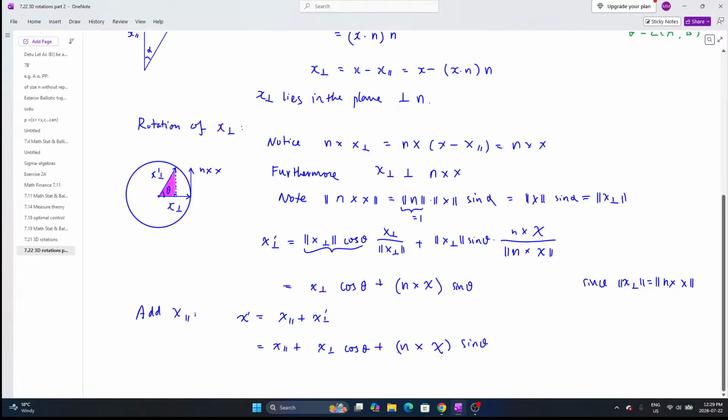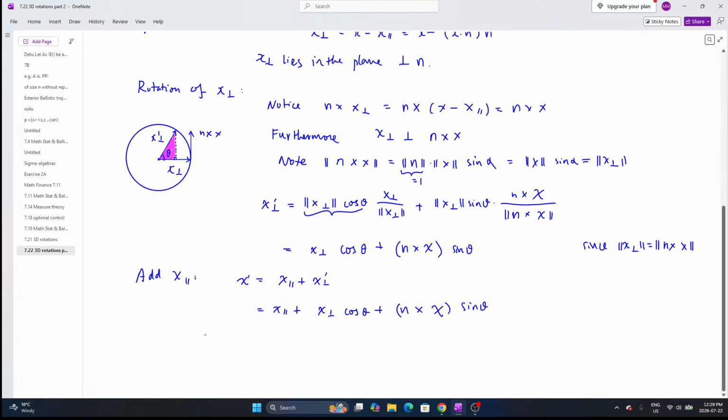Okay, and now it's just a matter of substitution. So x perpendicular is x minus x parallel. So let's put that in.